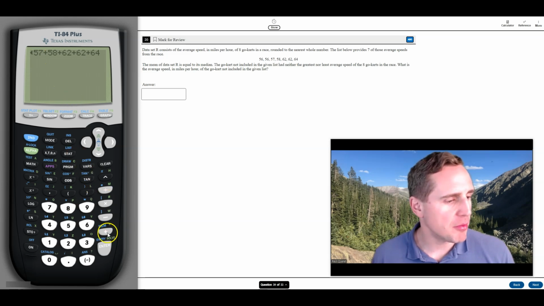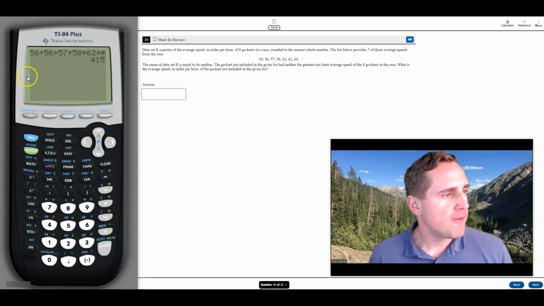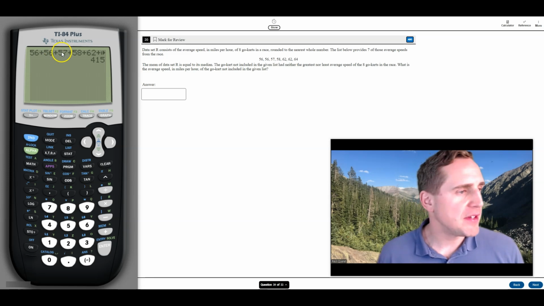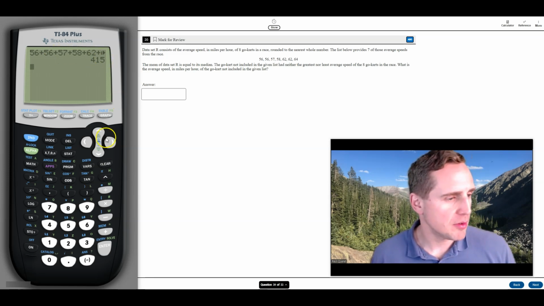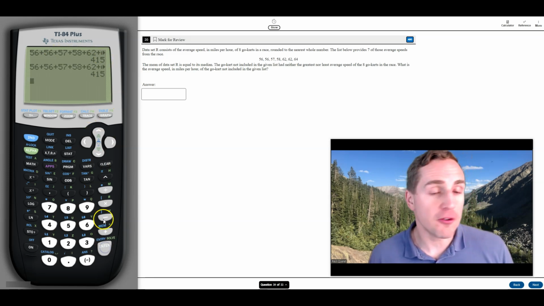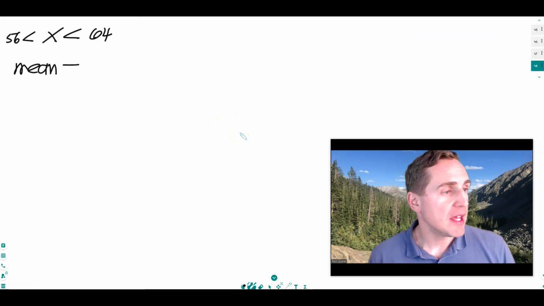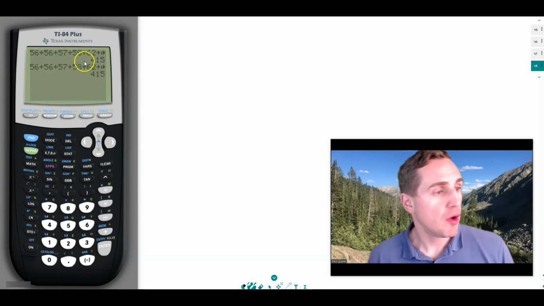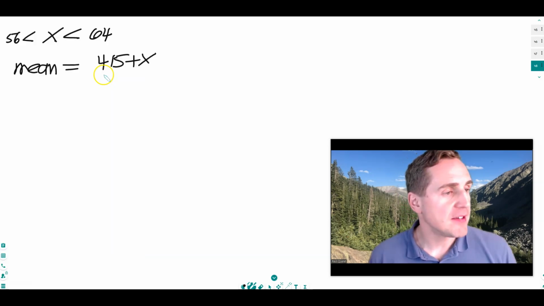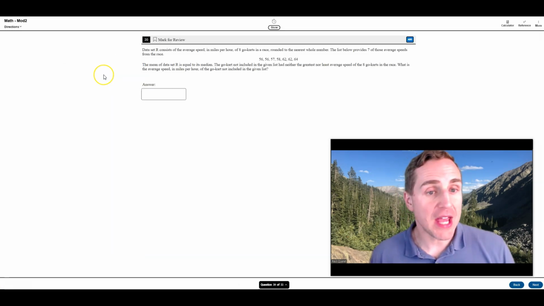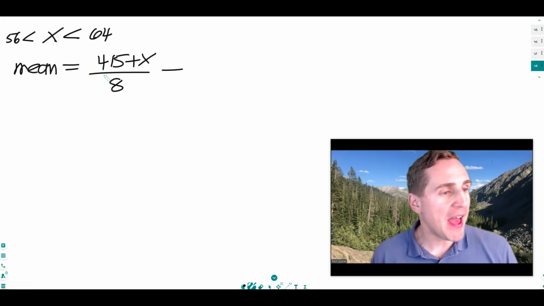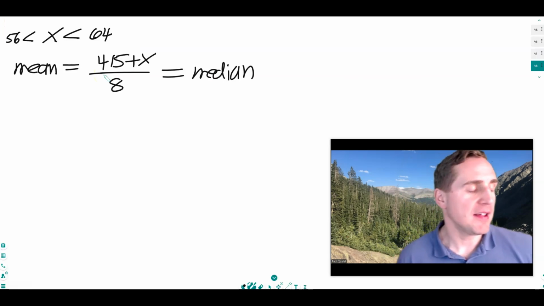Okay, so I think that's all the numbers: 56, 56, 57, 58, 62, 62, and 64. That's 415. So that means the mean is equal to 415 plus x divided by 8, because there's 8 total go-karts. And that has to equal the median, okay?